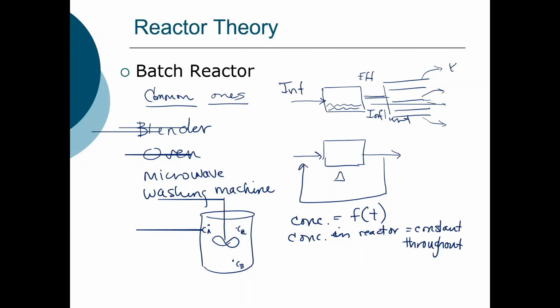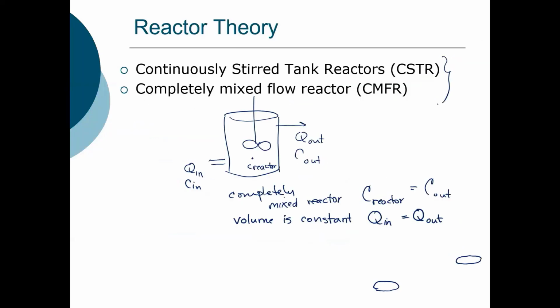And then we have an effluent here into the groundwater. These two terms are synonymous. You'll see both continuously stirred tank reactors and completely mixed flow reactors. They're essentially the same thing. You can use those as synonymous.